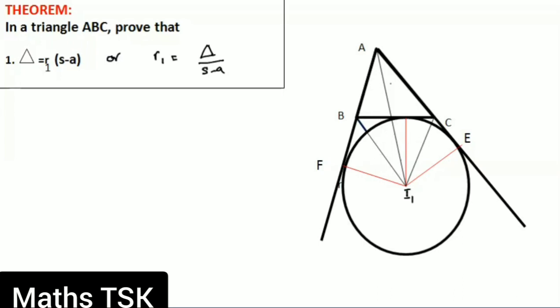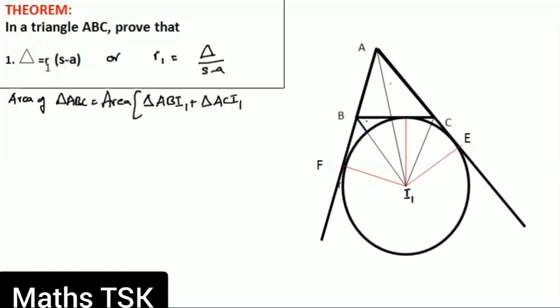So here the area of triangle ABC is nothing but the area of triangle ABI1 plus triangle ACI1, so that we will get ABI1C.